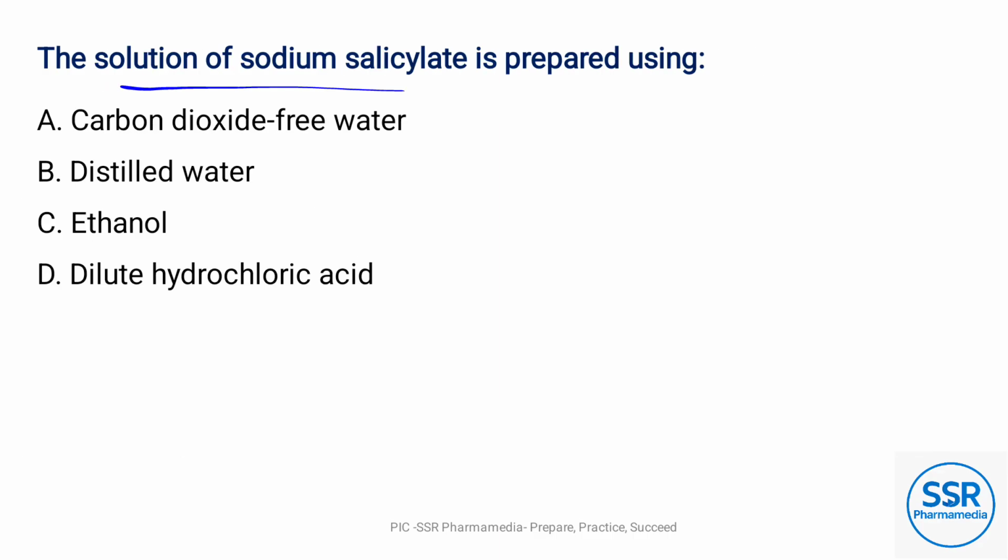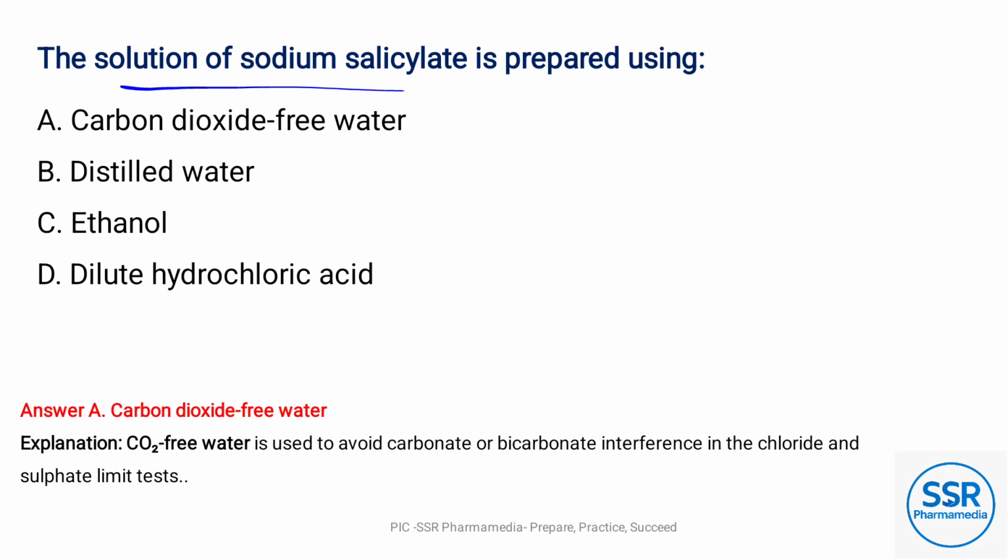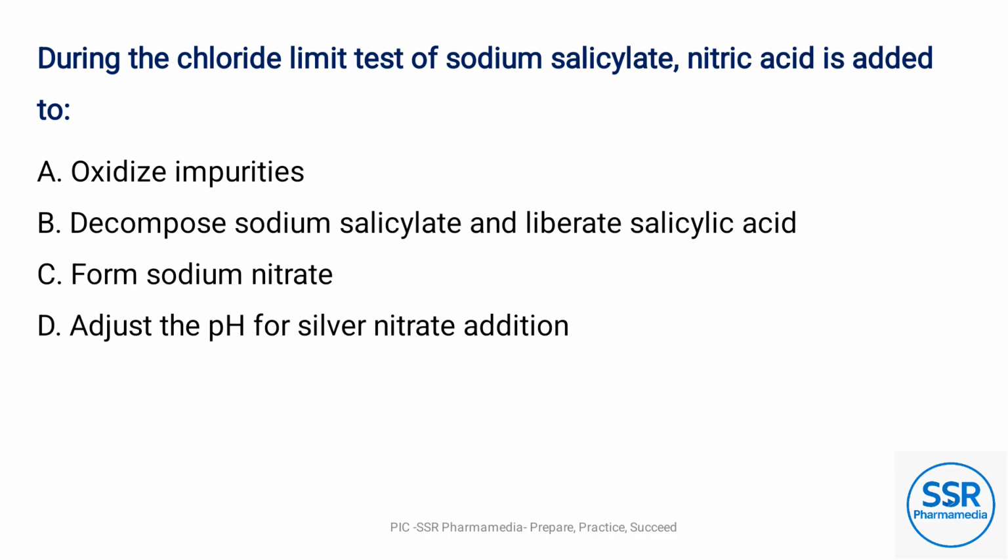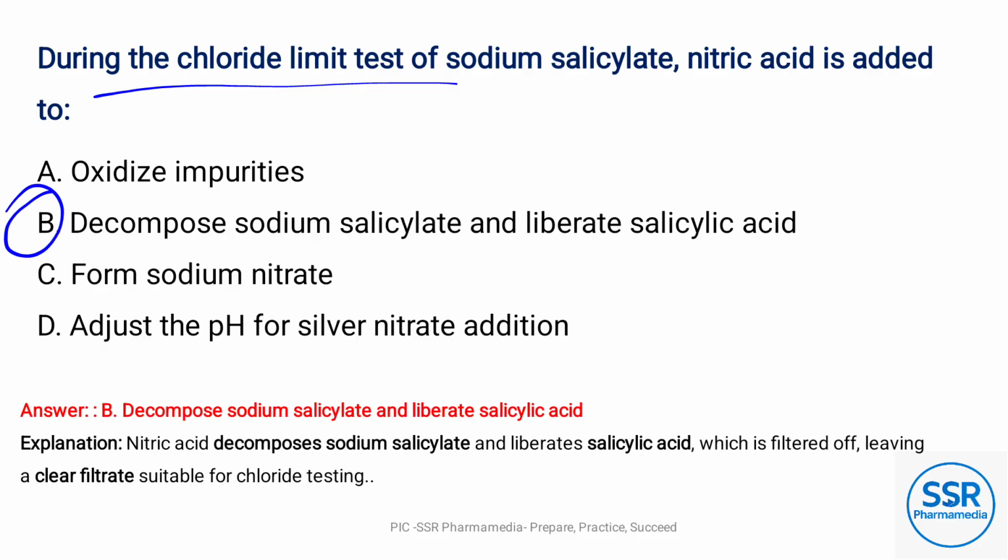The solution of sodium salicylate is prepared using, option A, carbon dioxide free water. During the chloride limit test for sodium salicylate, nitric acid is added to, option B, decompose sodium salicylate and liberate salicylic acid.